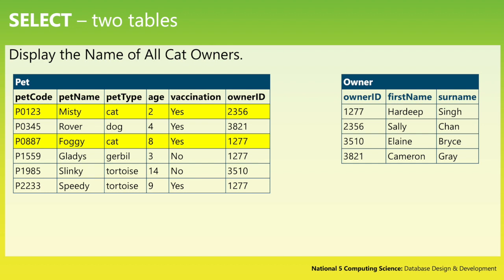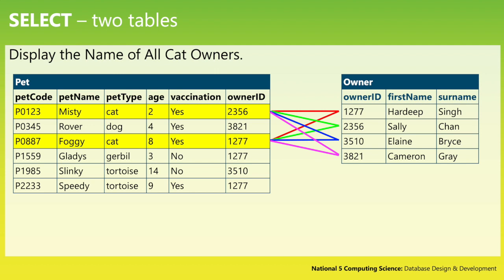Here we have our cats, Misty and Foggy. What our database has done is take each cat and essentially pair it up with each owner. So Misty and Foggy are both owned by Hardeep, they're both owned by Sally, they're both owned by Elaine, and they're both owned by Cameron. That's why in our query we had 8 results, because each cat was owned by each of the owners.